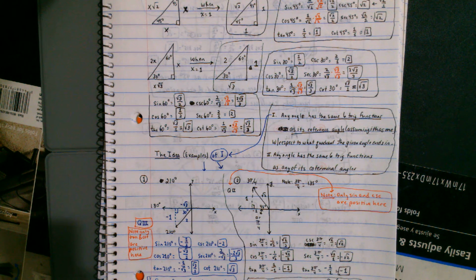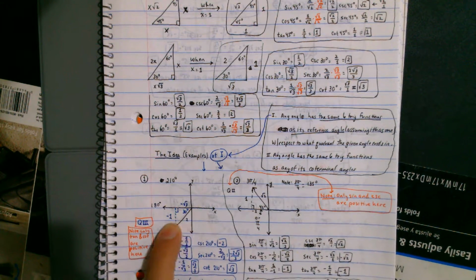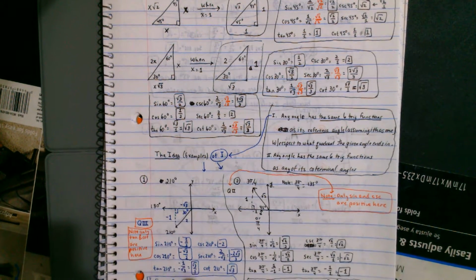The only difference is that sine is negative, because it's opposite over hypotenuse. So here the opposite is negative and the hypotenuse is positive. Cosine is negative because the adjacent is negative and the hypotenuse is positive. Tangent is positive because the opposite and adjacent sides are both negative. When you take reciprocals, the reciprocal of negative will still be negative, and the reciprocal of positive will still be positive.